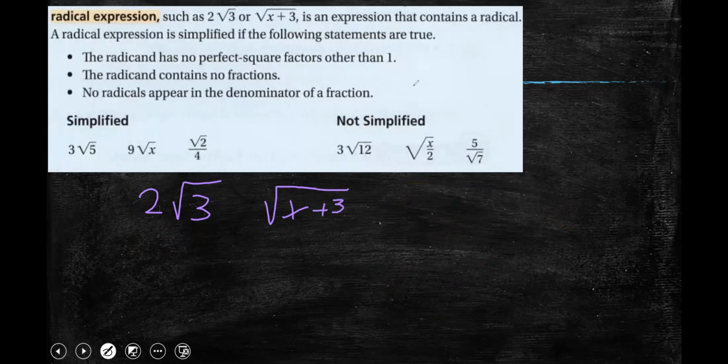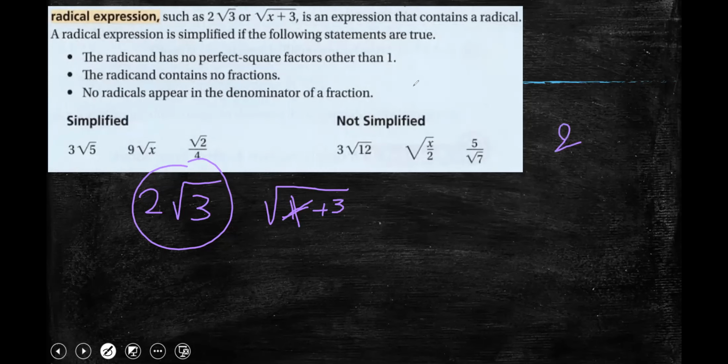Sometimes we have numbers like this, sometimes we have a variable plus a number, but we must have a square root or cubic root. We must have a root. A radical expression is an expression that has a radical.